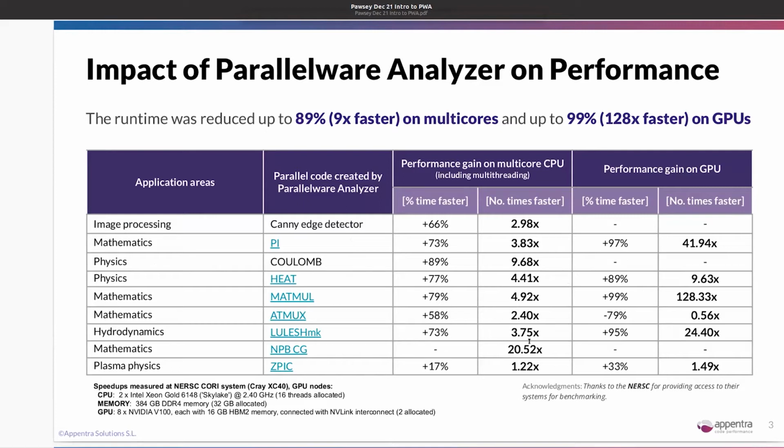You can see here, for instance, for the NAS Parallel Benchmarks from NASA, we can achieve up to a 20x speedup on CPU and over 100x for GPU. So there is a lot of performance to get from current hardware. This is something that you already know, and the idea is that Parallelware Analyzer helps you unlock that performance.